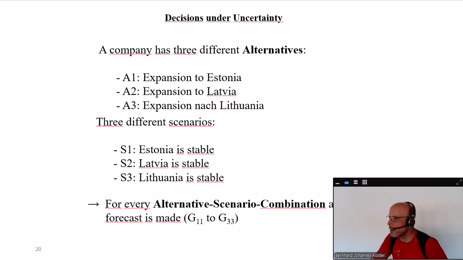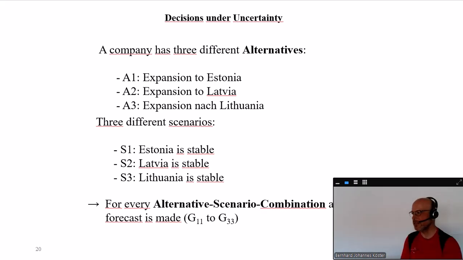The first scenario would be, well, Estonia is performing quite well and will stay stable, then the second scenario is Latvia, and the third one is the stable situation in Lithuania. And then you can think of a situation that your company has only the money to expand to one country.